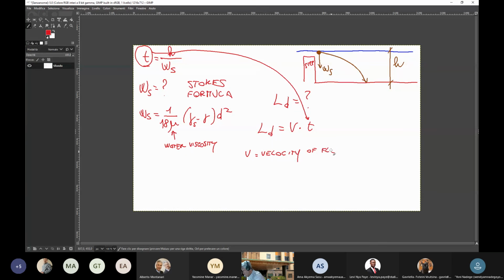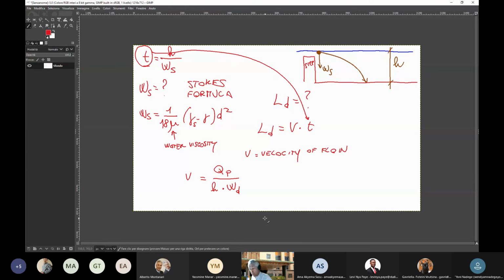What is the velocity of flow? V is given by Qp divided by h divided by the width of the sand trap, and we can indicate it with a symbol like WD. Okay.